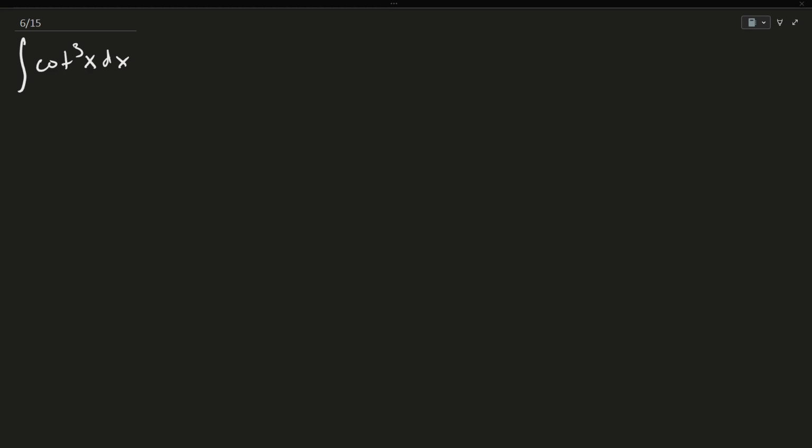Alright, so now when solving this integral, I'm going to first think of it as cotangent x times cotangent squared of x. We now need to consider the Pythagorean identity, which is sine squared x plus cosine squared x equals 1.